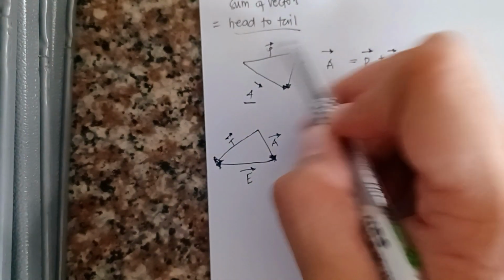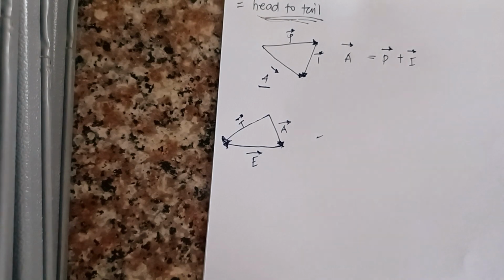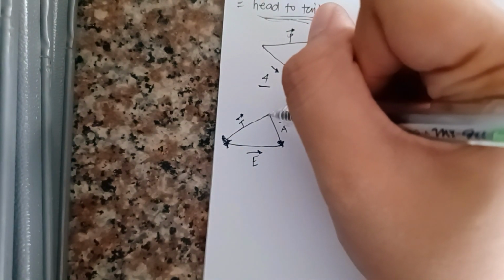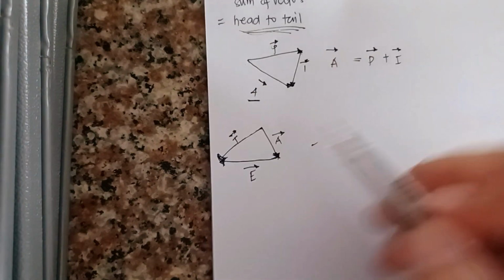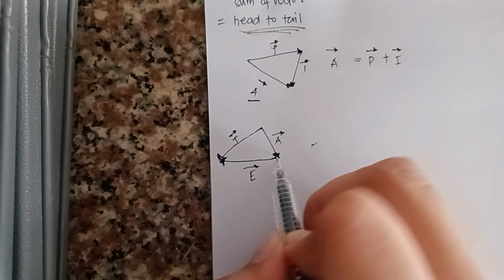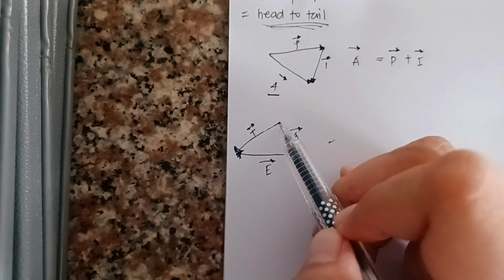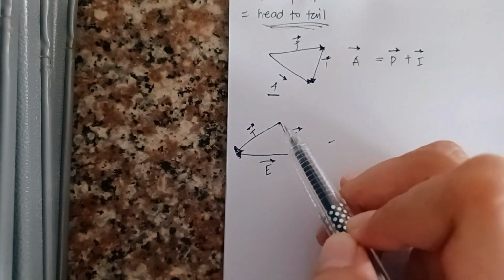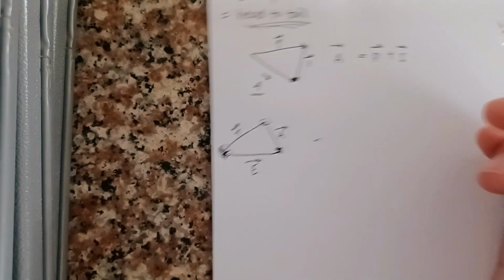So ano ba dito? Sabi natin head to tail. Pag head to tail, tingnan natin ano ba yung naka-head to tail. Vector A, meron tayong tail dito, head dito. Vector E, meron tayong tail dito, head dito. For vector T, tail dito, head dito, pero ang katabi niya ay tail din. Ang katabi niya dito, head din.